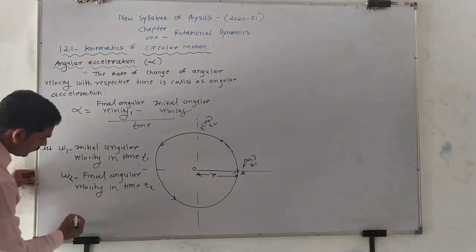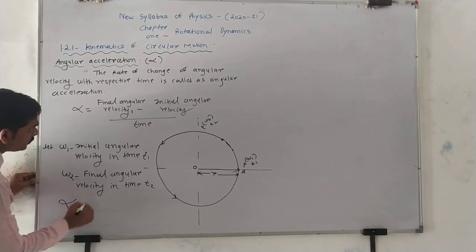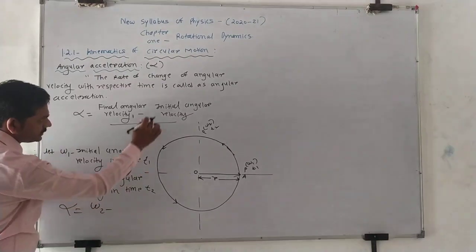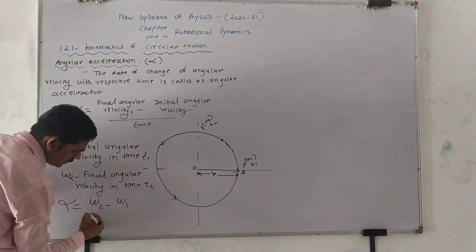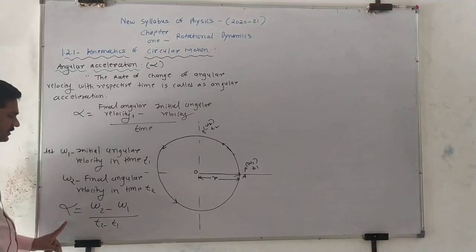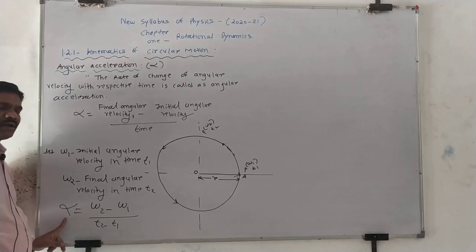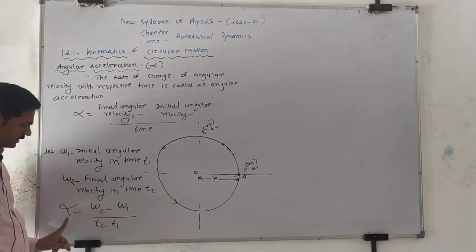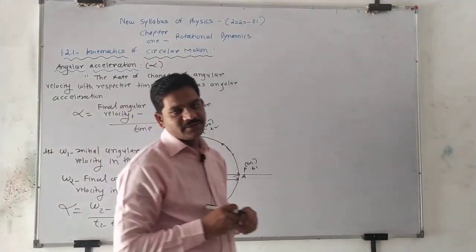So we get the formula: alpha is equal to omega 2 minus omega 1 divided by t2 minus t1. This is nothing but the angular acceleration, the rate of change of angular velocity with respect to time, boys.